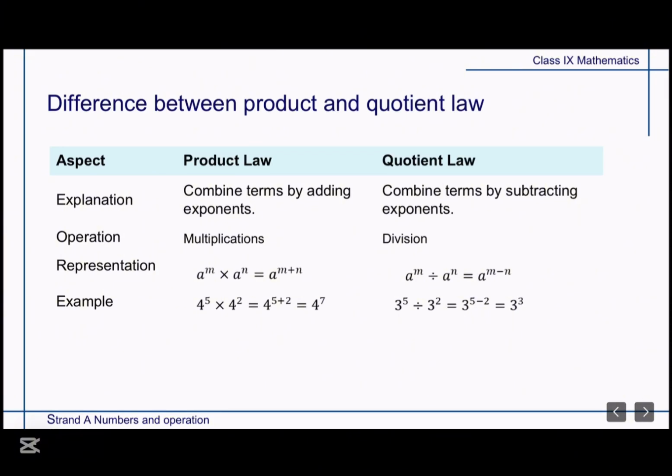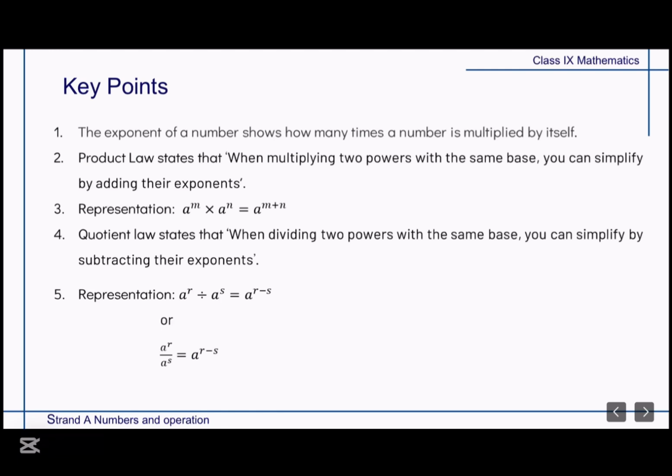The example is 4 raised to 5 times 4 raised to 2 equals 4 raised to 5 plus 2, which is 4 raised to 7. Under quotient law, 3 raised to 5 divided by 3 raised to 2 is equal to 3 raised to 5 minus 2, which is equal to 3 raised to 3.